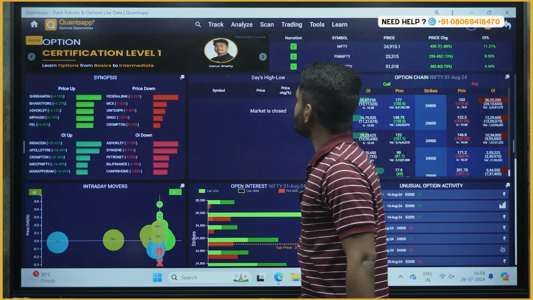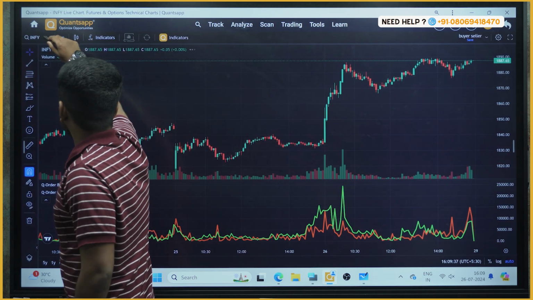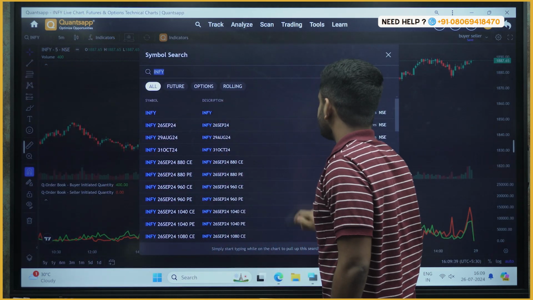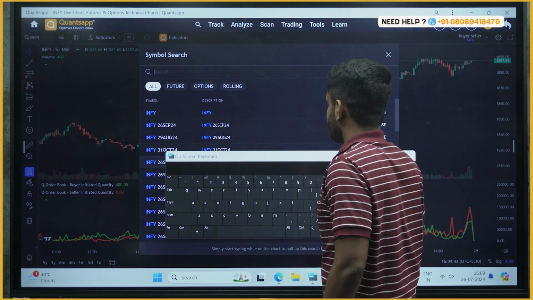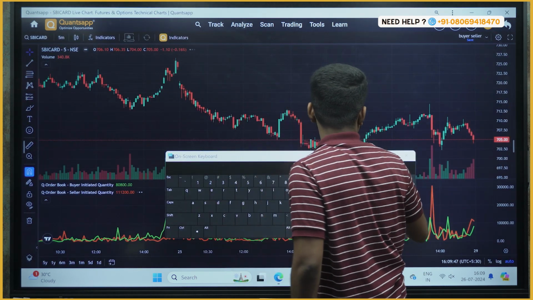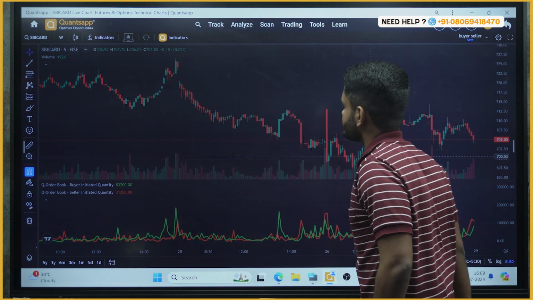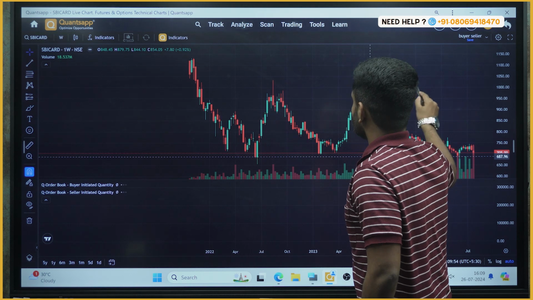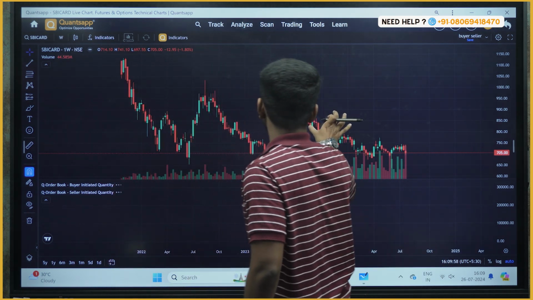So let me take you to an example and let's check it out. Say for example, let me plot SBI Cards. See this.